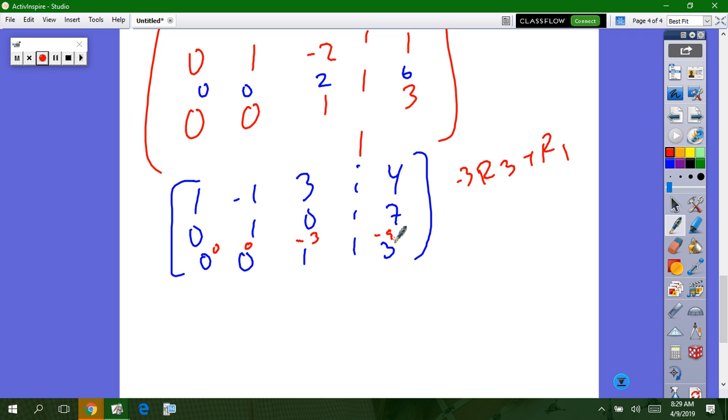And I add that. 1 plus 0 is 1. Negative 1 plus 0 is negative 1. 3 minus 3 is 0. 4 minus 9 is negative 5. Then I have 0, 1, 0, 7, 0, 0, 1, 3.